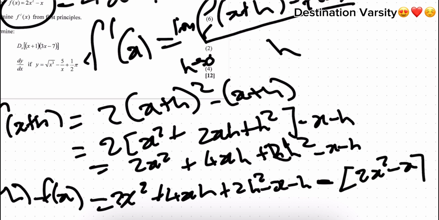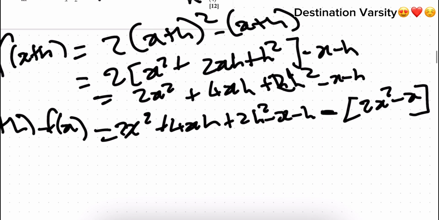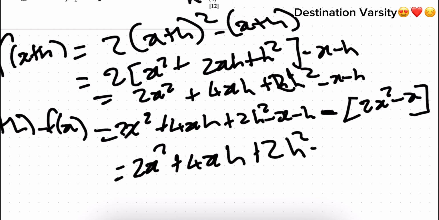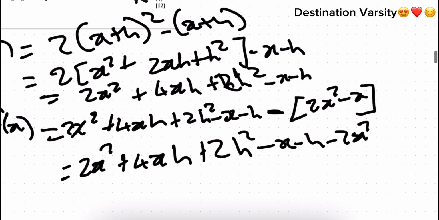But simple things tend to be boring. When something is too simple, it starts getting boring. Minus 2x squared, minus x, it's plus x.